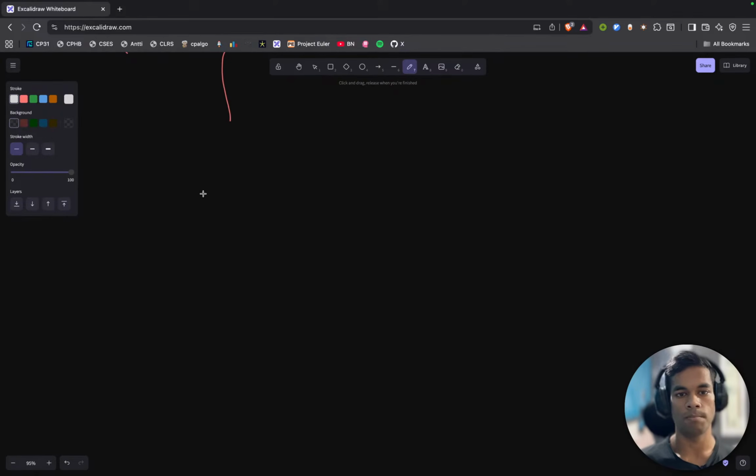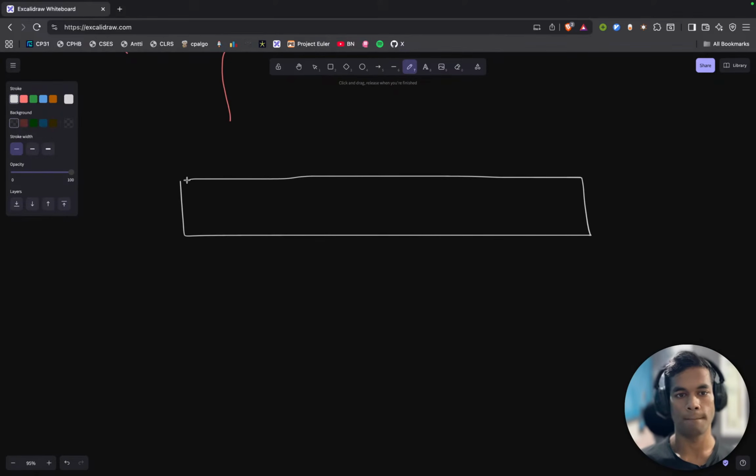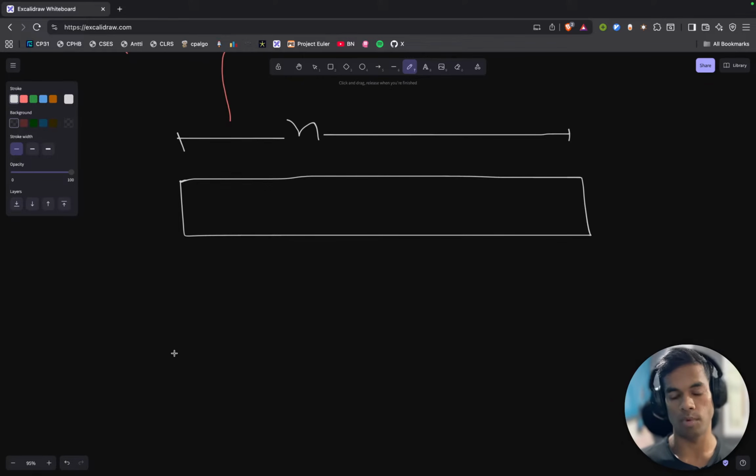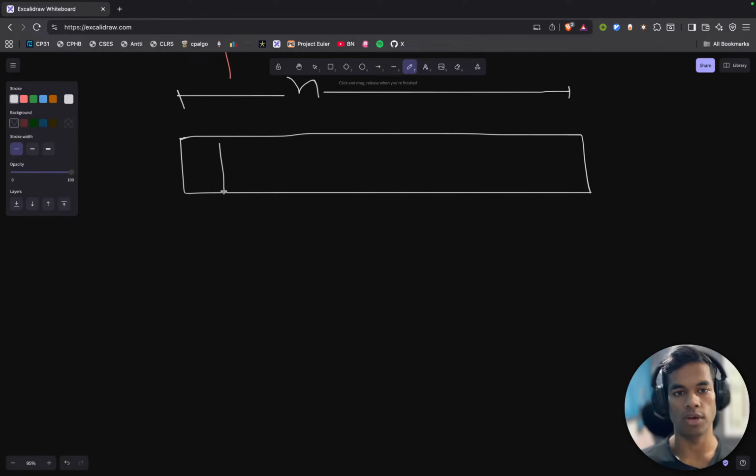For example, in the rod cutting example, we had a rod of size n, and the space of subproblems, the subproblems which we are going to solve, involved, let's say, r i, which returns the best possible way to cut a rod of size i.